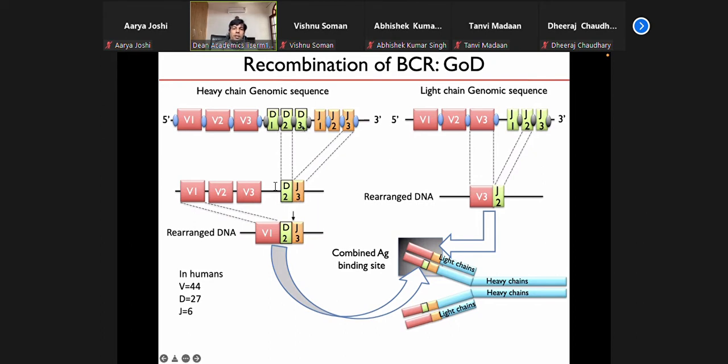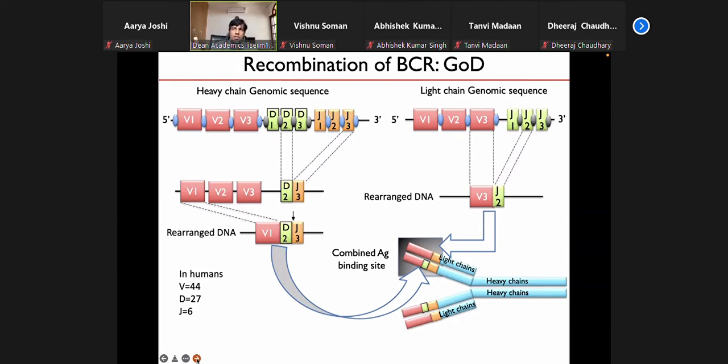If you combine 3-1, another combination, another specificity. 1-1, one specificity. 1-3, another specificity. So this process will keep on happening. And remember, once you have a successful recombination event happening in one cell, this cell is not going to rearrange the same locus again.